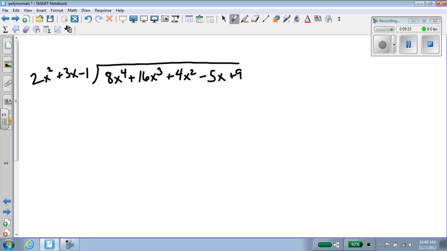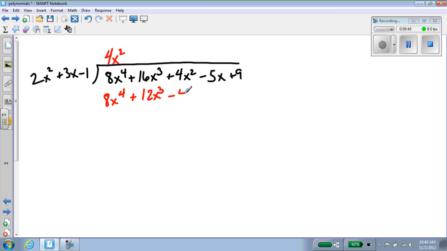Oh my word. Okay. What would I have to multiply 2x squared by to get 8x to the fourth? I would have to multiply it by 4x squared. So all three terms get multiplied by 4x squared. So I get 8x to the fourth plus 12x to the third minus 4x squared.